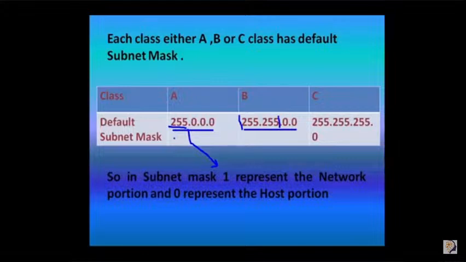So let's take the example of a class C address to understand it better. Class C starts at 192. Here is the IP and this is the subnet mask.